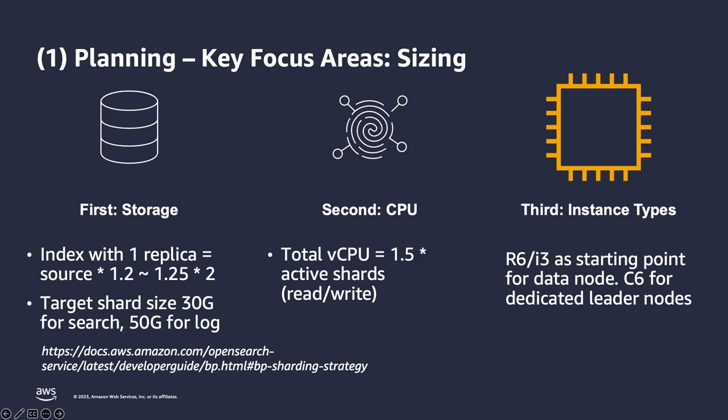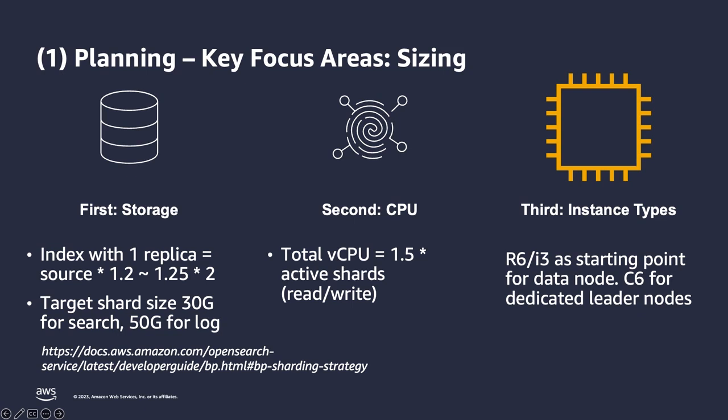So if you are targeting a lower version than that, then you can use i3 or R5 as your starting point and capture the performance characteristics from that instance type.